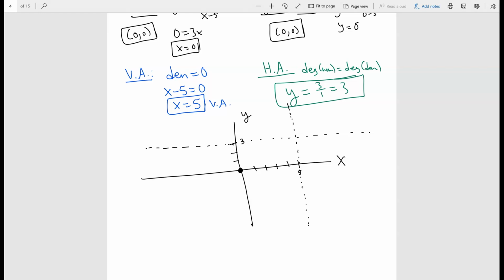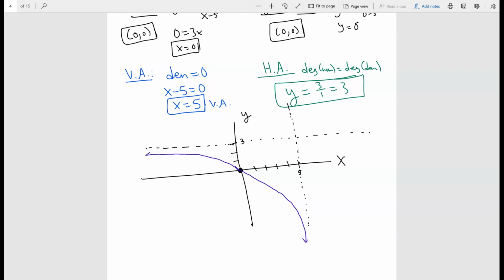We know that it cannot cross this vertical asymptote, so the graph should get close to here, and then it's eventually going to cross (0, 0). And it's going to keep going, and at that point it's just going to level off here.